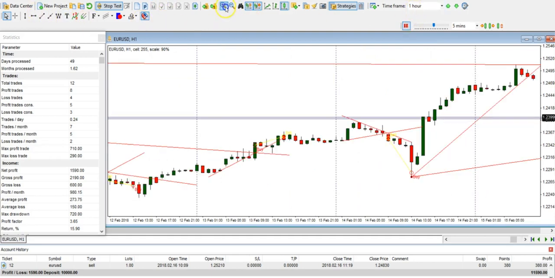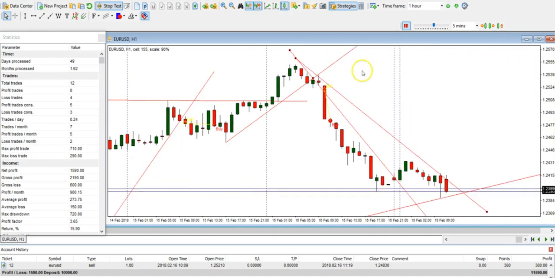We're going to zoom in here. Buy line penetration.